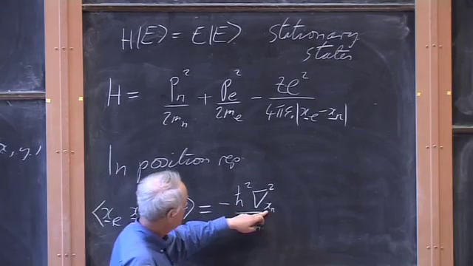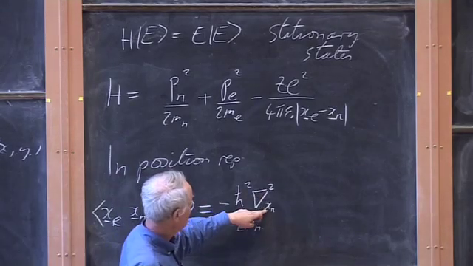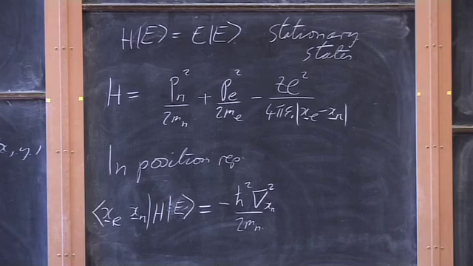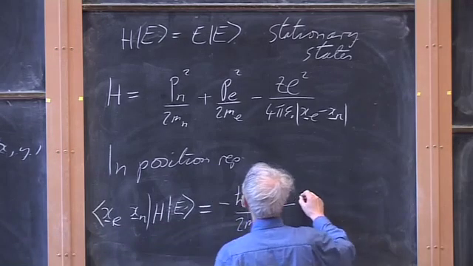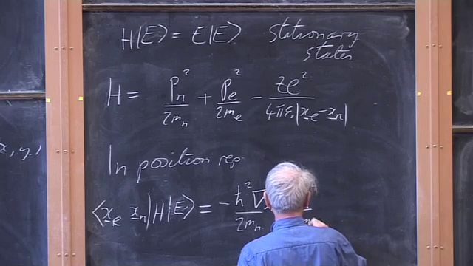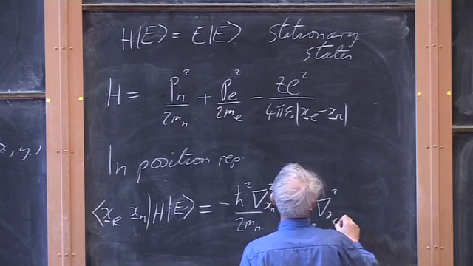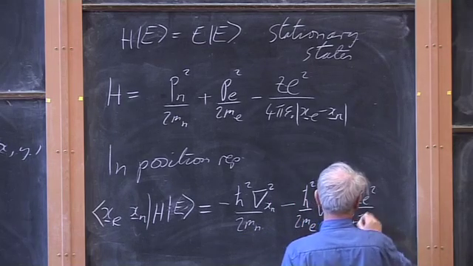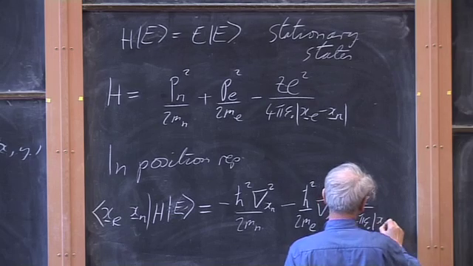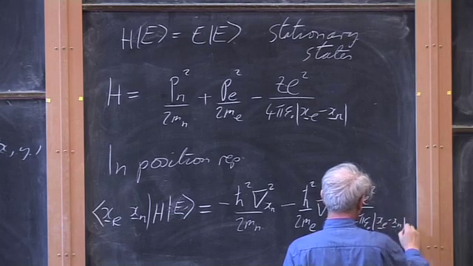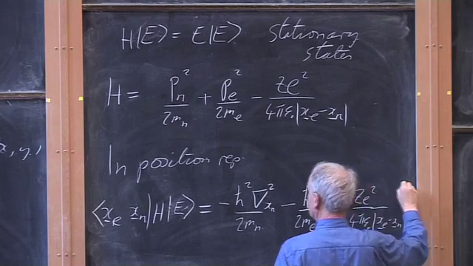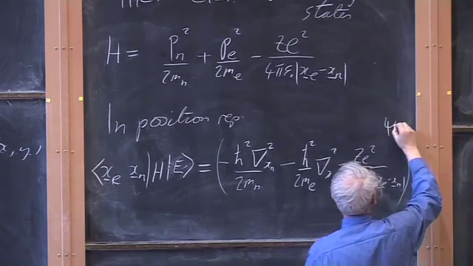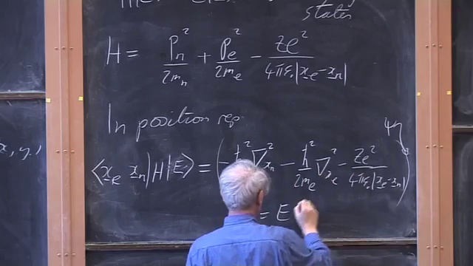What does the subscript x_n mean? It means this involves derivatives with respect to the components of the position of the nucleus. Then minus h bar squared over 2 mass of the electron, del squared with respect to x_e, minus Ze squared over 4 pi epsilon naught, which is already in the position representation, over the modulus of x_e minus x_n. All this stuff times psi is going to equal E times psi.